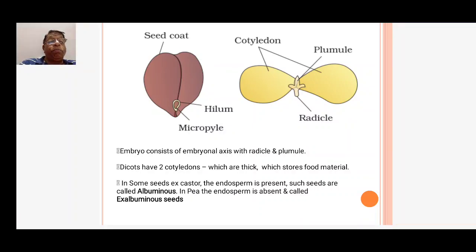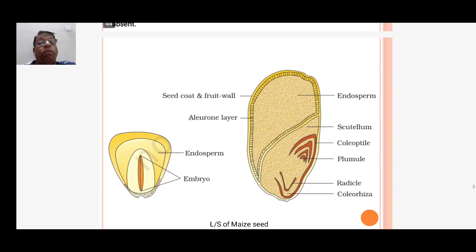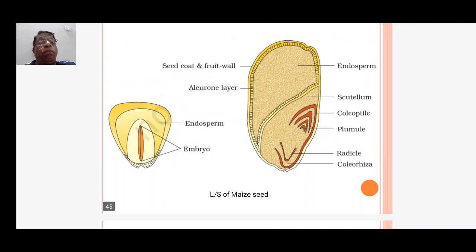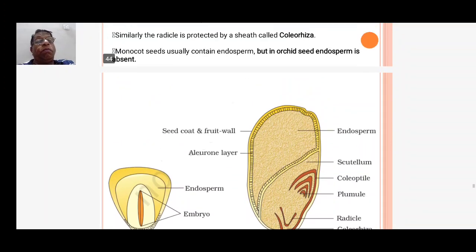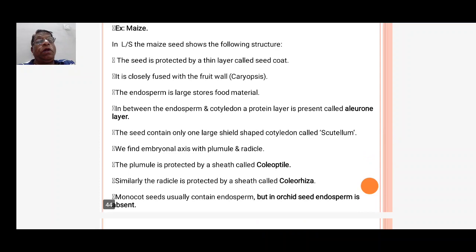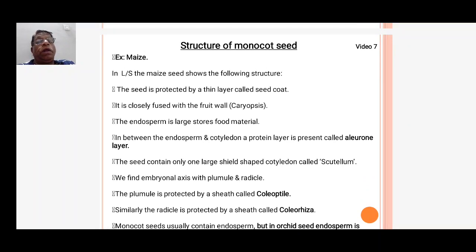The radicle, which develops into root system. Okay, so that's all in this video. Now we shall stop. Thank you.